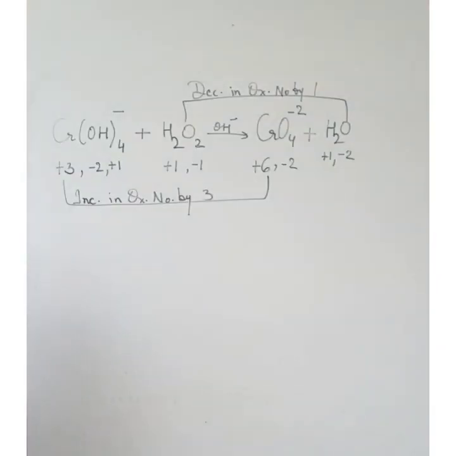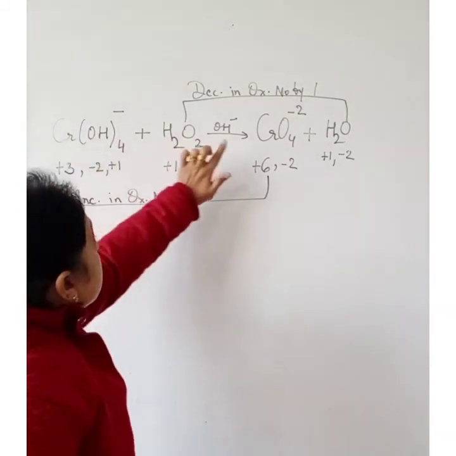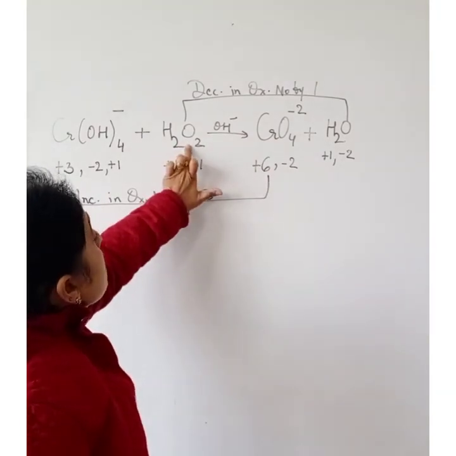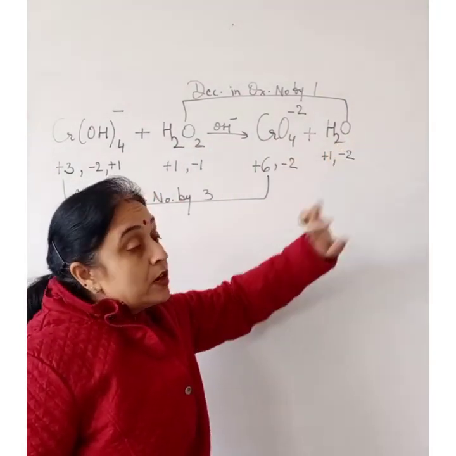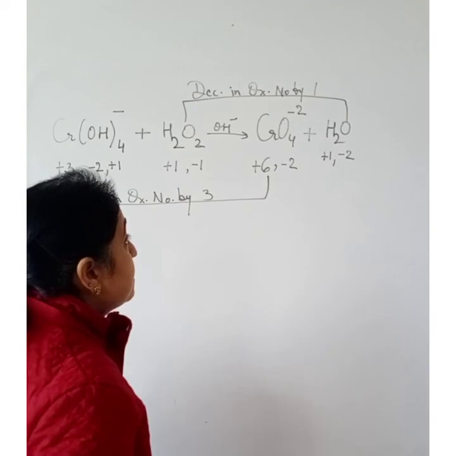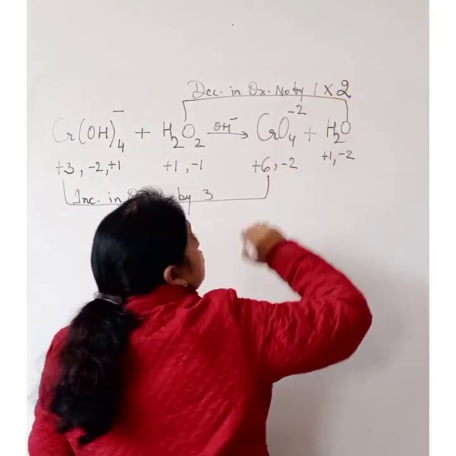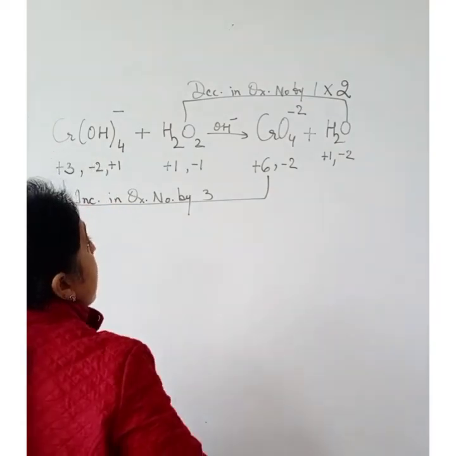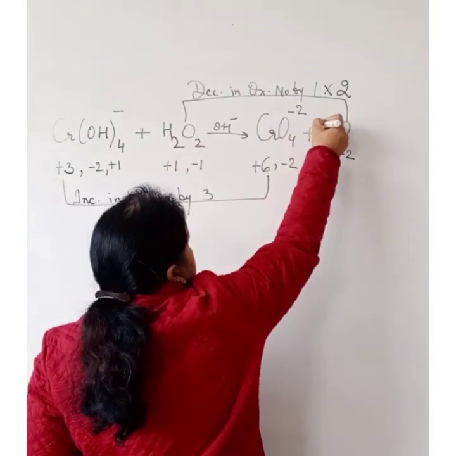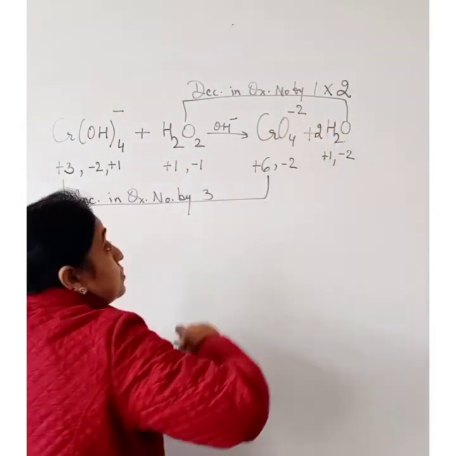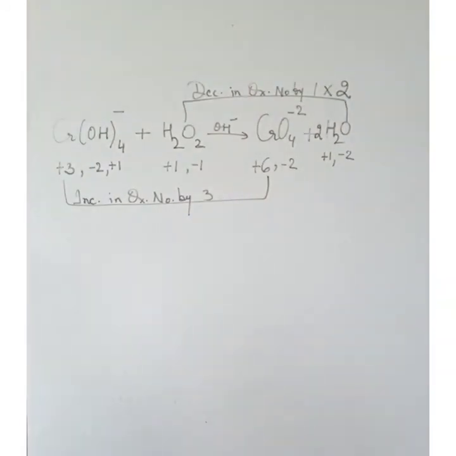Now check the number of atoms on both sides and see the increase or decrease in oxidation number per atom. 1 chromium, 1 chromium. 2 oxygen, 1 oxygen, that means we have to multiply it by 2, right? And here already 2 is there, so I will multiply this by a suitable coefficient 2.